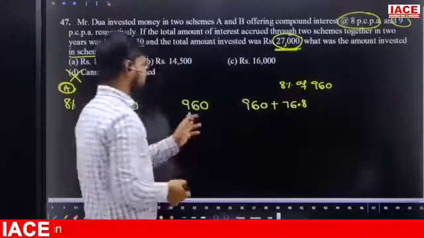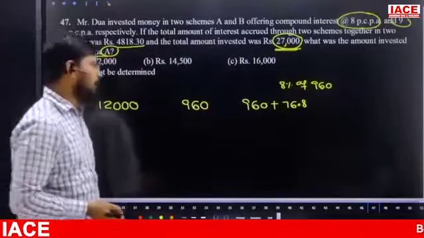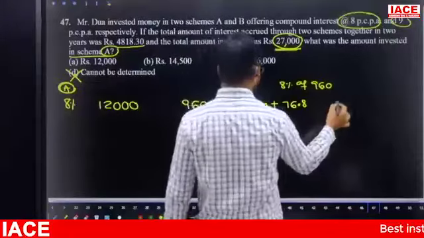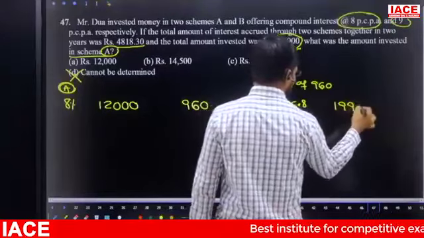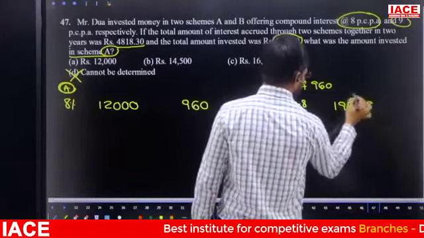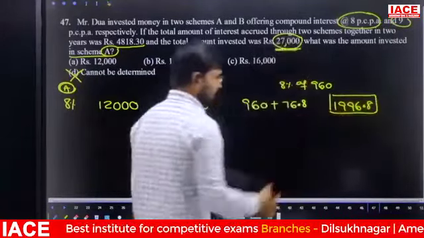And then 960, 960, 1920, 1920 plus 76.8 is 1996.8. So through first scheme I got 1996.8.